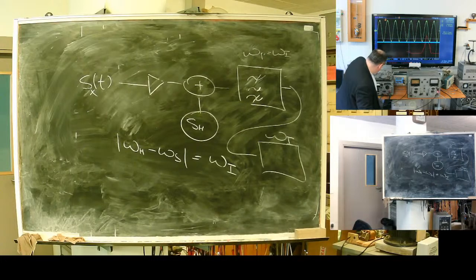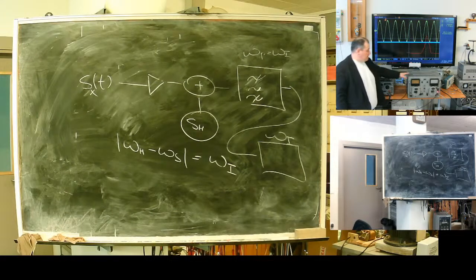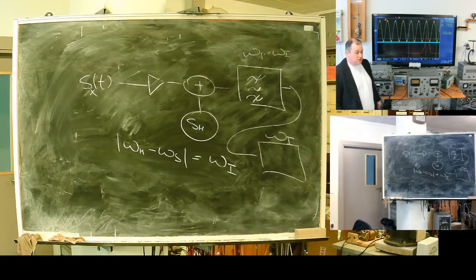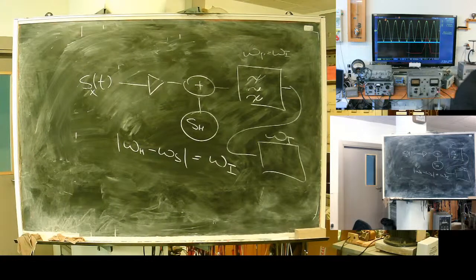Marking, here I have marking at 4 megahertz. Signal of the generator. No modulation is applied. At this moment, it produces a pure carrier.